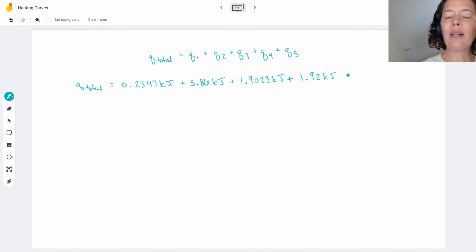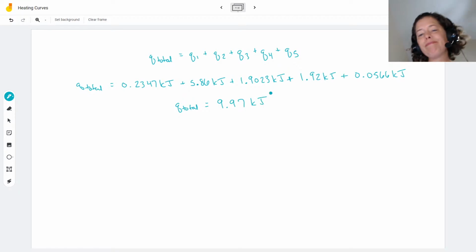That is a plus. And our Q5, there we go. Okay. Adding all these together, I get a Q total of 9.97 kilojoules.